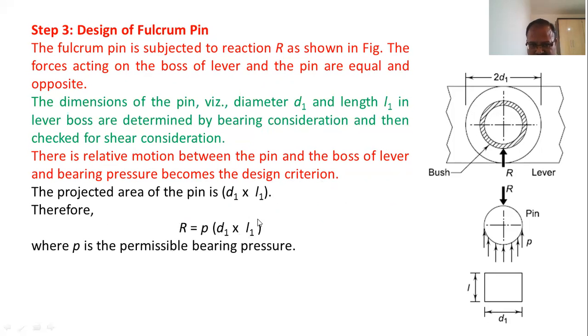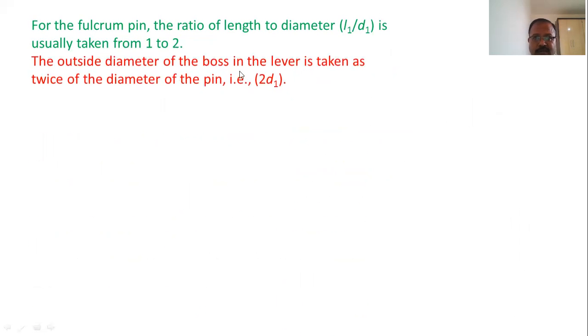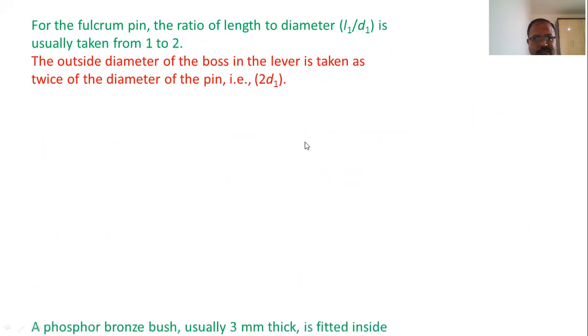So using this, here again there are two unknowns, L1 and D1. Therefore a certain relation should be mentioned. Many times L1 is taken equal to D1, or usually the ratio L1 upon D1 is taken from 1 to 2, right? Then the outside diameter can be calculated as twice D1.